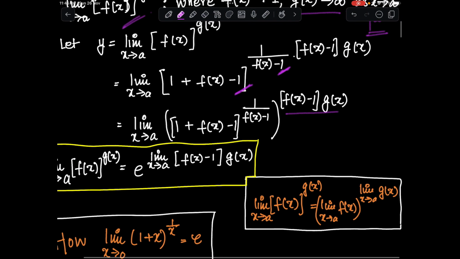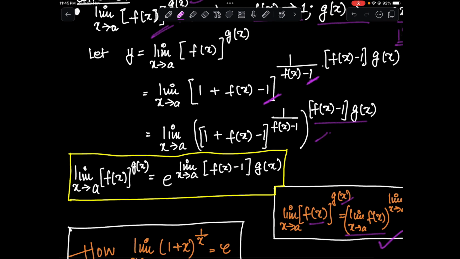Now one thing you have to understand is limit x tends to a, f of x whole power g of x is equal to limit x tends to a f of x whole to the power limit x tends to a g of x. Because of this, I am able to rewrite this thing. Once I do this, the base is actually this. What's the value of this whole thing?